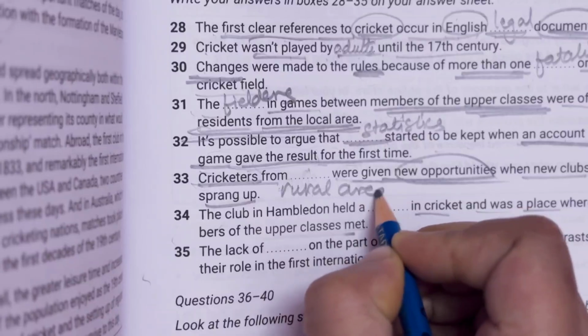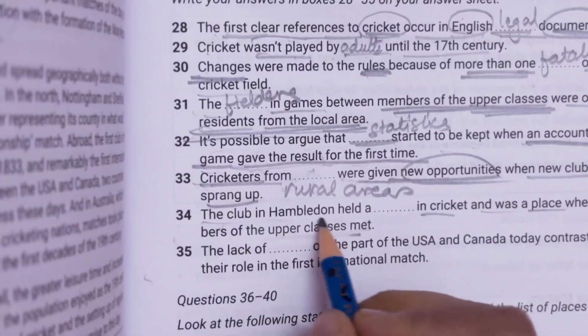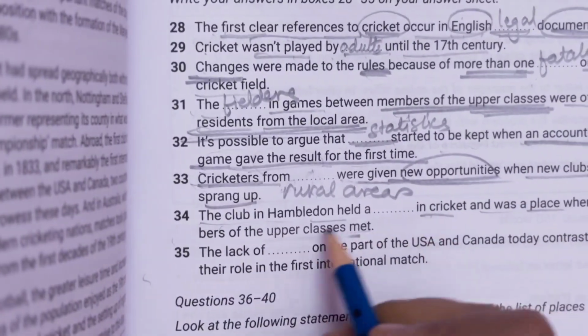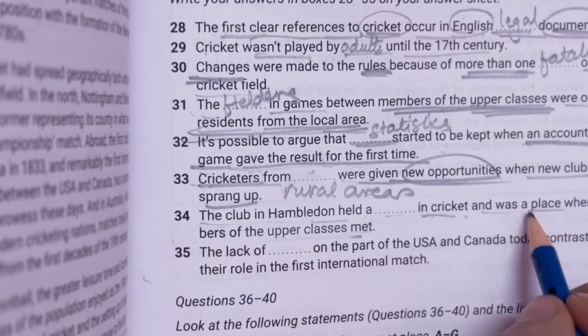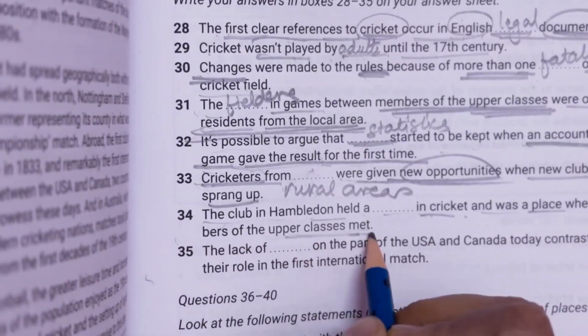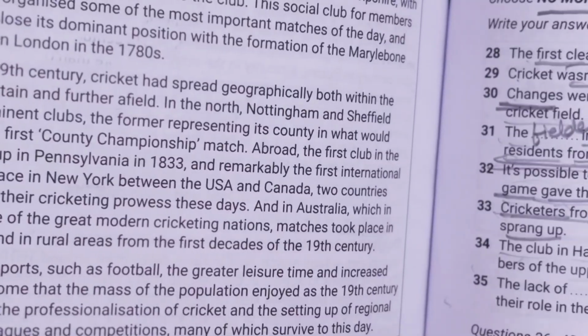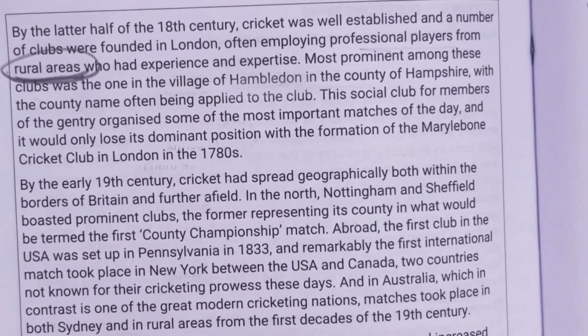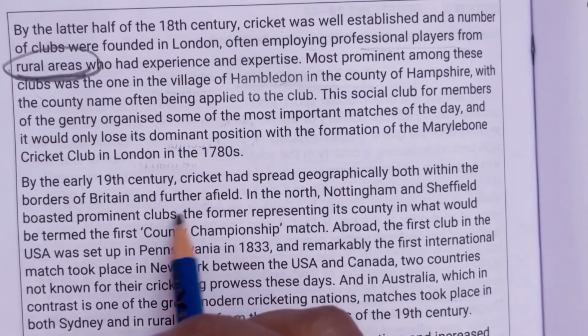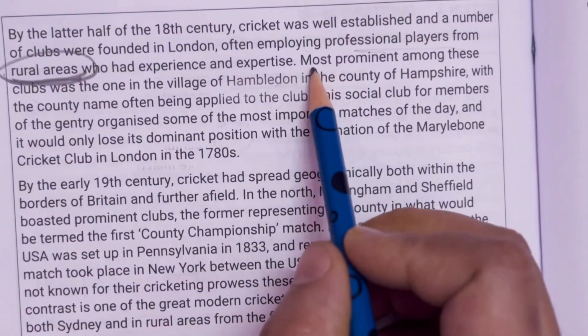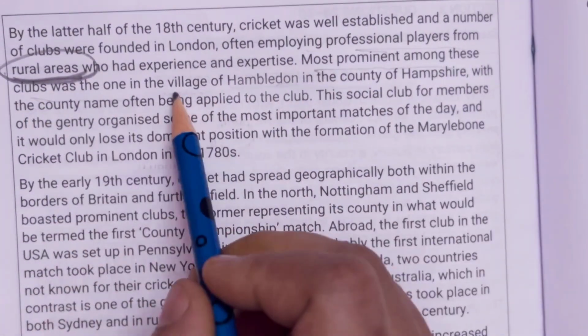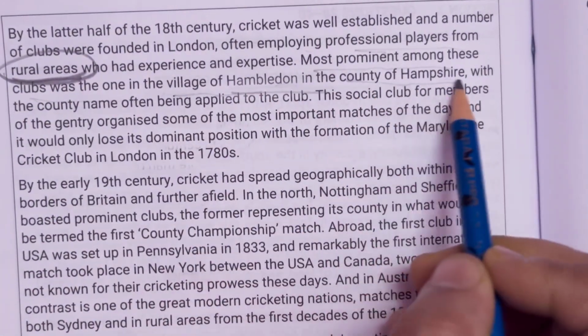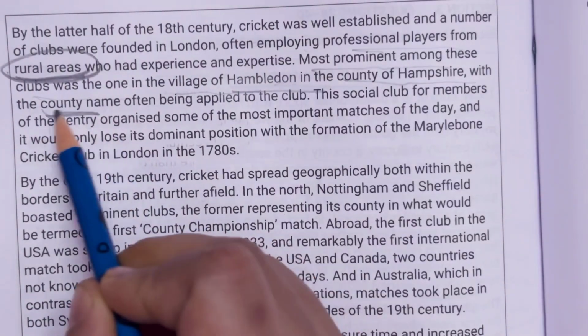Okay, the club in Hambledon held a dash in cricket and was a place where members of the upper classes met. So members of the upper classes met and they held a dash. So most prominent among these clubs was the village of Hambledon, county of Hampshire, with a county name.